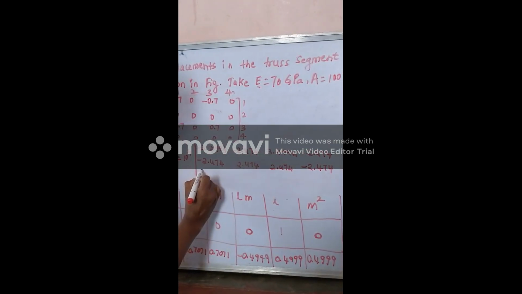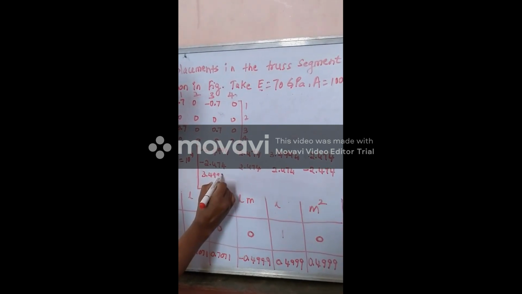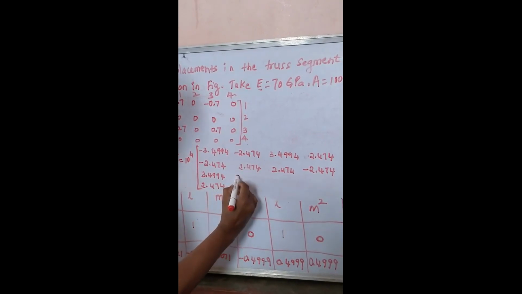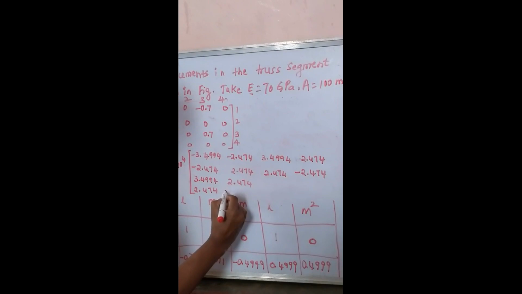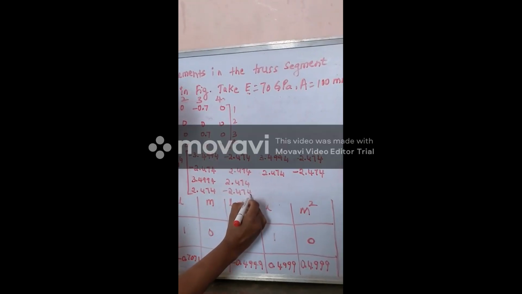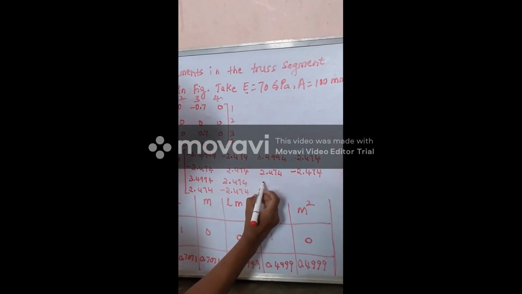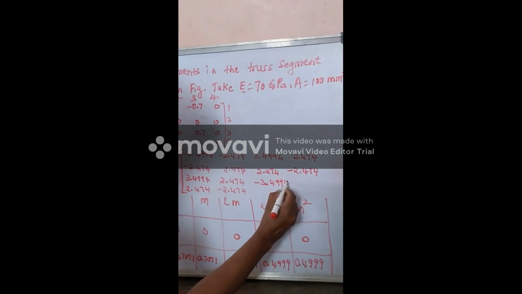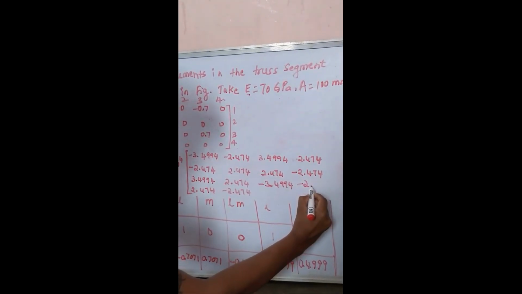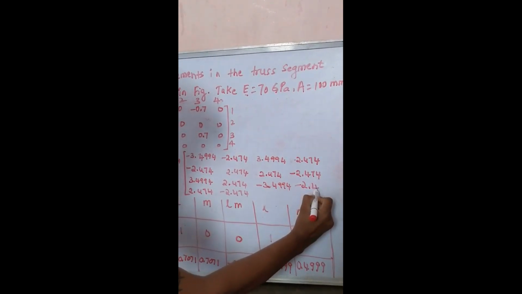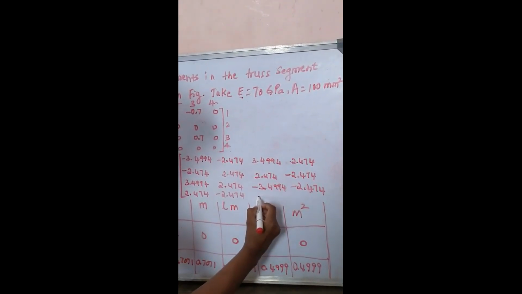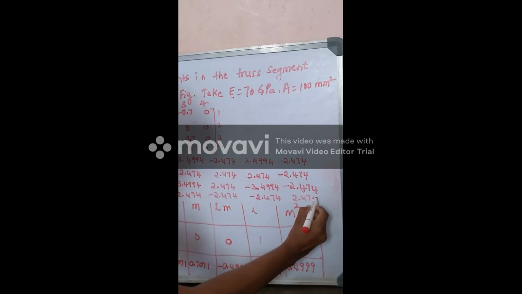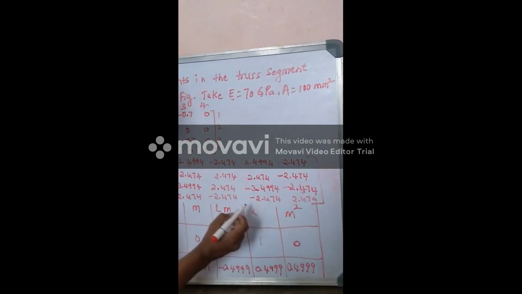This will be similar, so 3.4994, 2.474, 2.474, minus 2.474, and now these 4 elements will be similar to this, minus 3.4994, minus 2.474, minus 2.474, 2.474. This is the element stiffness matrix for element 2.